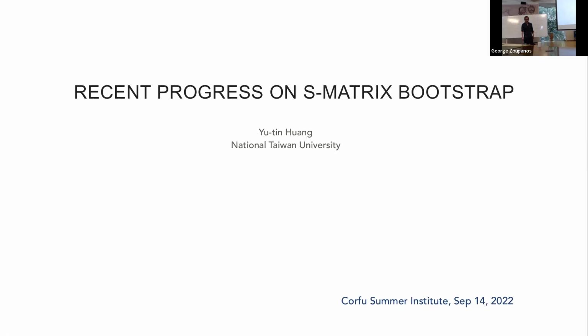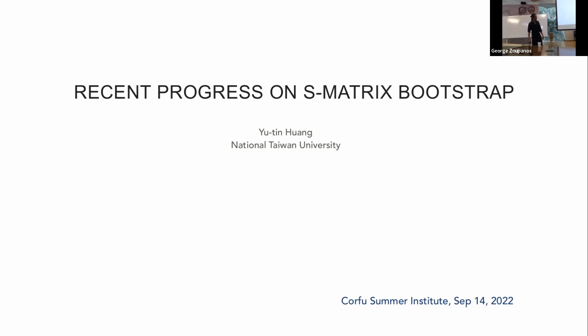Thank you very much. Thank you for the invitation and really to be here in this wonderful place. In this talk, I'm going to talk a little bit about our report of recent progress on S-Matrix Bootstrap. Of course, S-Matrix Bootstrap has many motivations and has been applied to various different areas, for example, trying to find integrable S-matrices, to giving various bounds, for example, the a-anomaly and so forth.